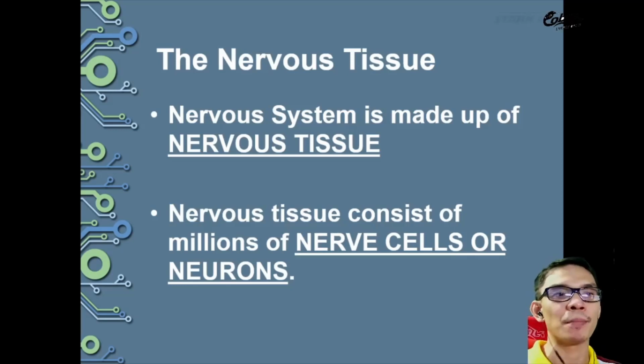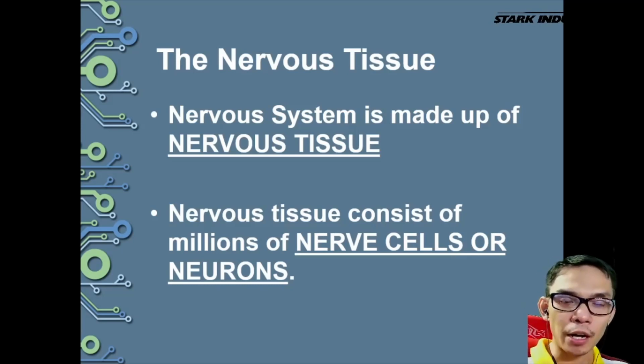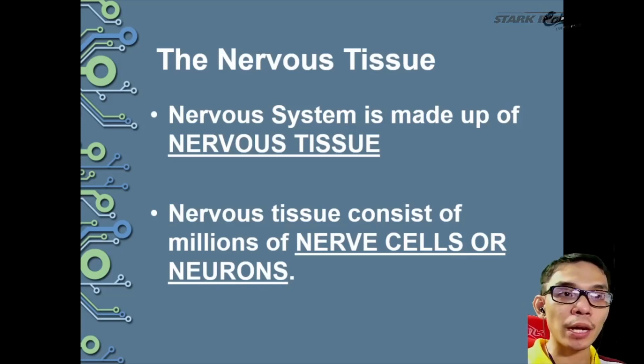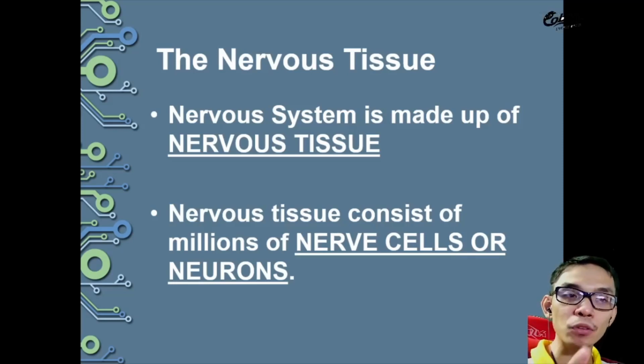Most of them are concentrated in the brain, and some are found in our lower body extremities and in your sense organs. Imagine the amount of neurons that we have in our body.